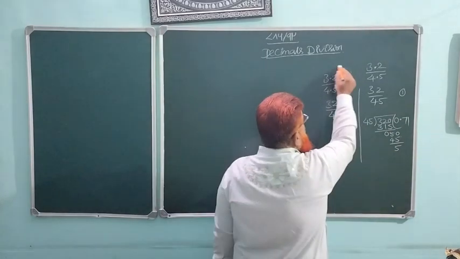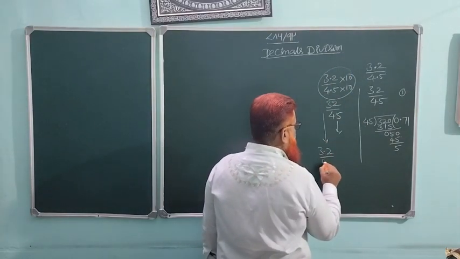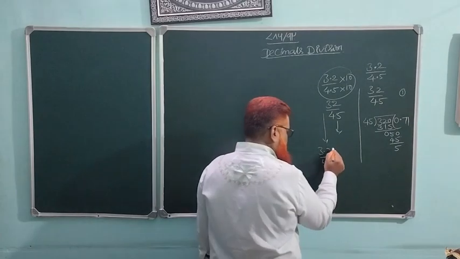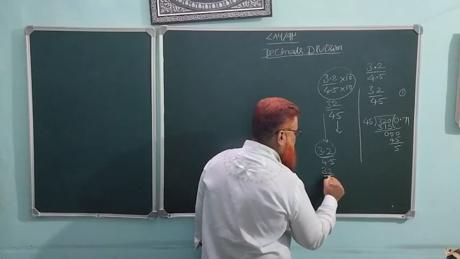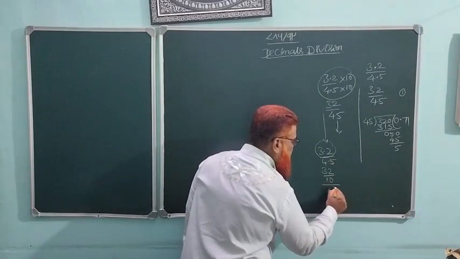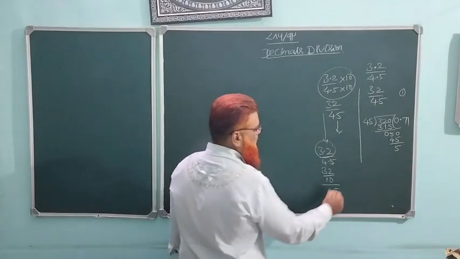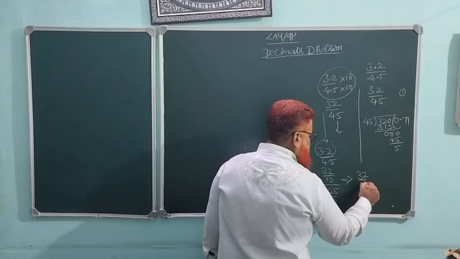This can also be elaborated in this way. Write 3.2 by 4.5 in fraction form. 3.2 can be written as 32 by 10, divided by 4.5 written as 45 by 10. This is the division of one fraction by another.